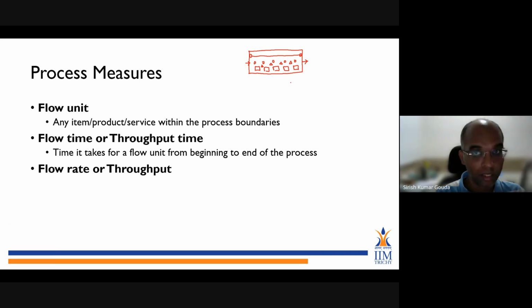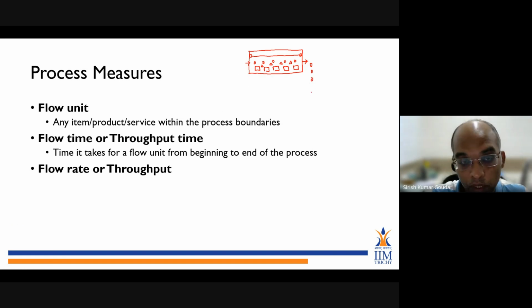So flow rate is not the number of units that are flowing through the process boundaries, but it is the total number of units that are coming out of your overall process boundaries within a given amount of time.